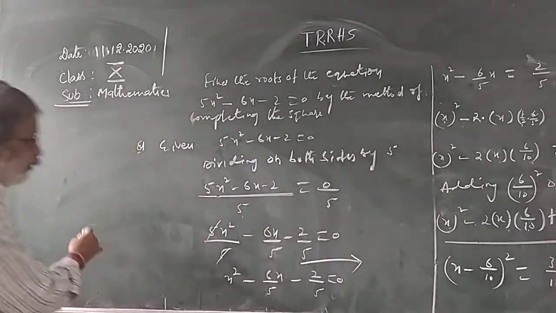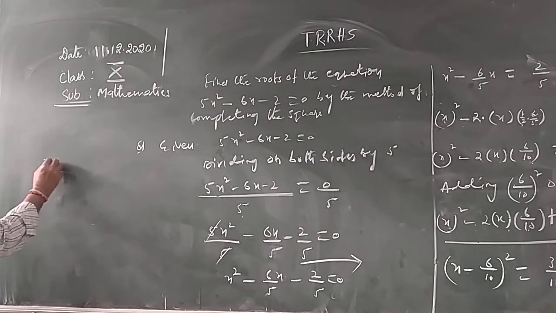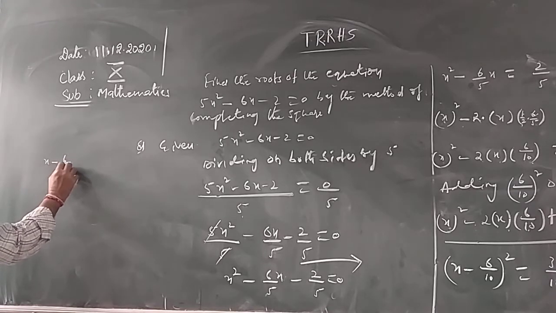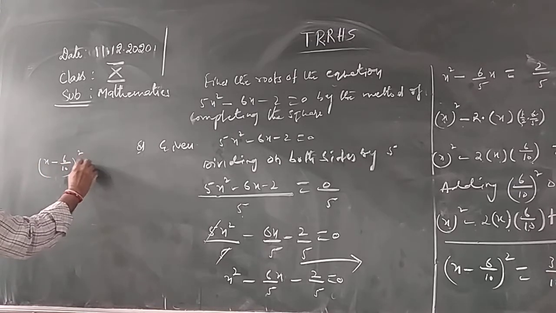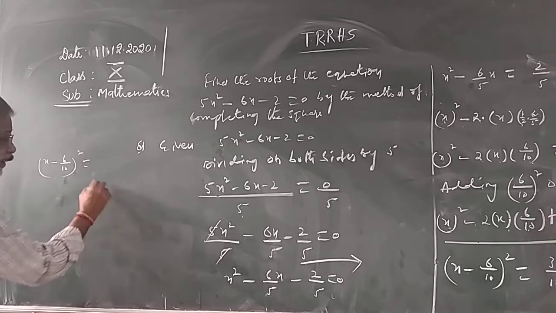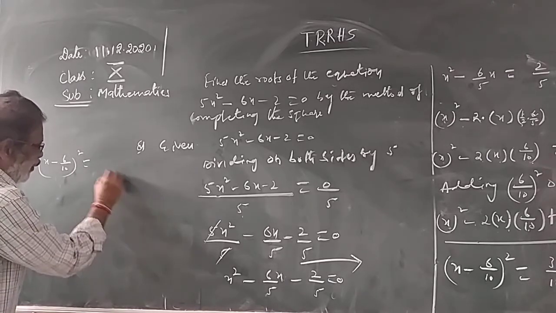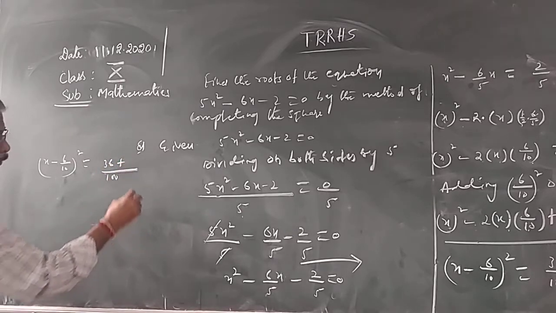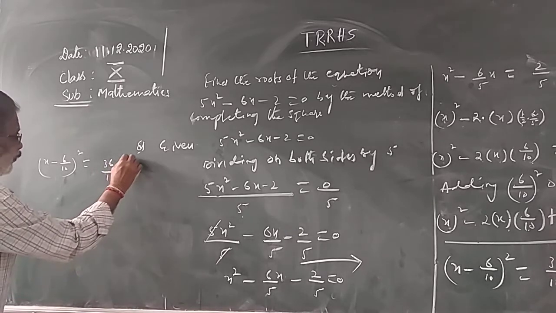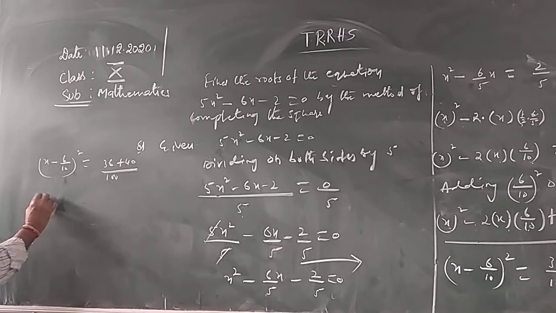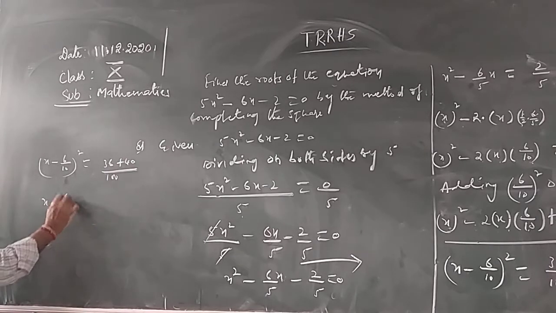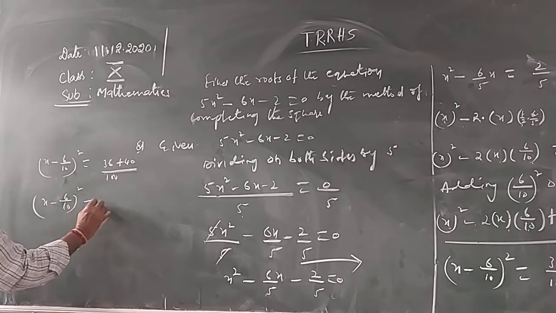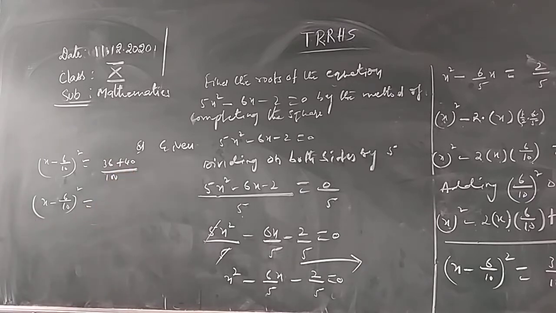Now I do here: x minus 6 by 10 square is equal to, take LCM. The LCM is 100. 100 one time, 36. 5 in 100 20 times, 20 into 2, 40. X minus 6 by 10 whole square is 36 plus 40.